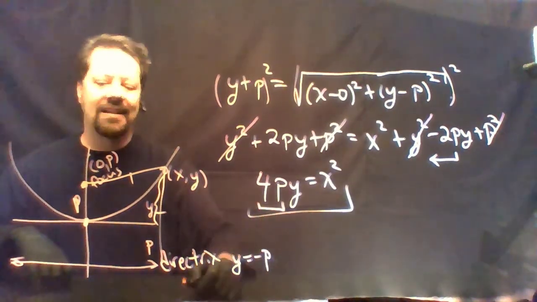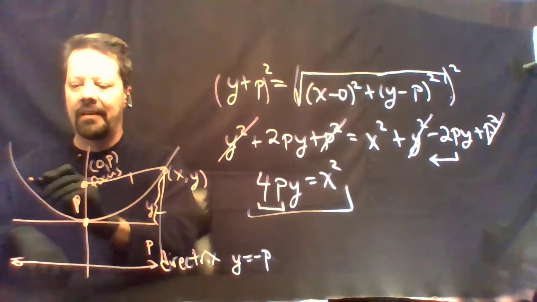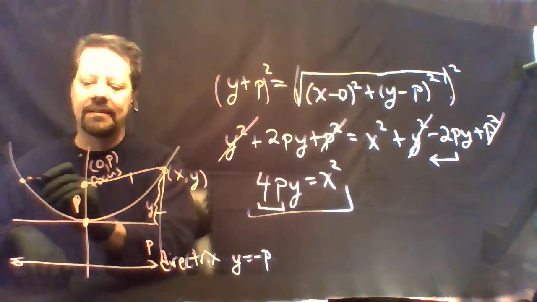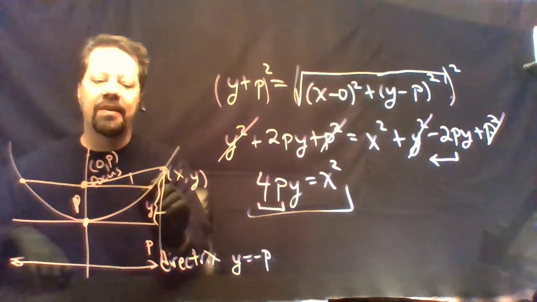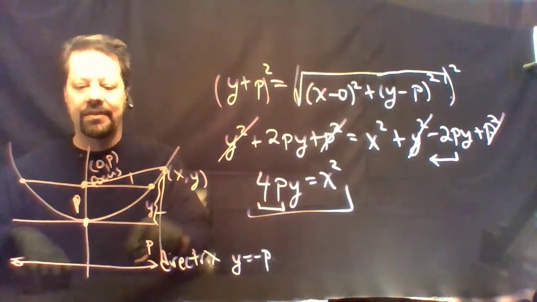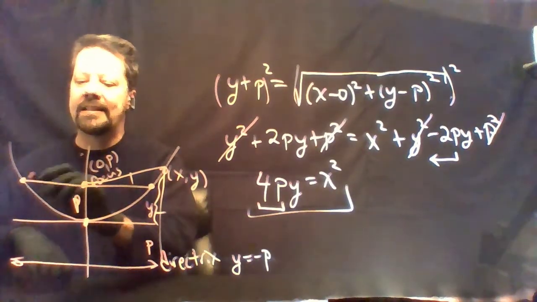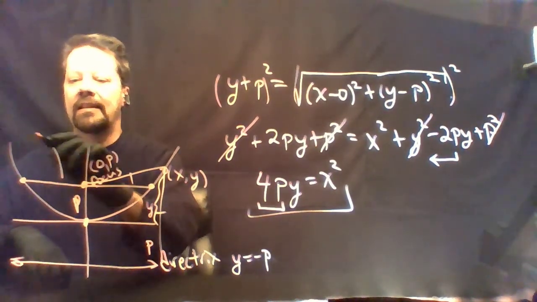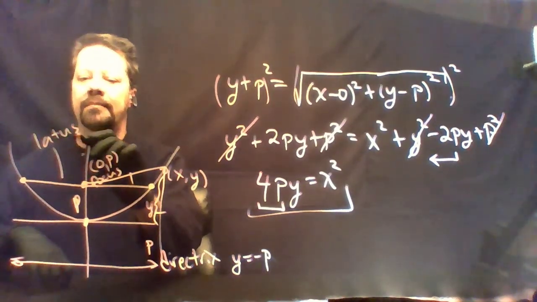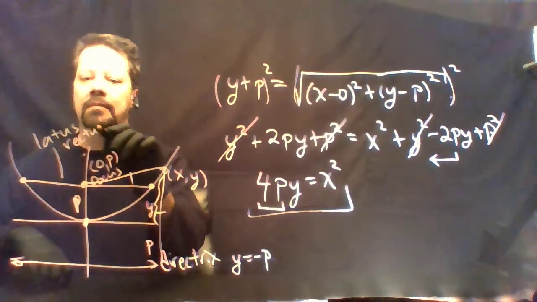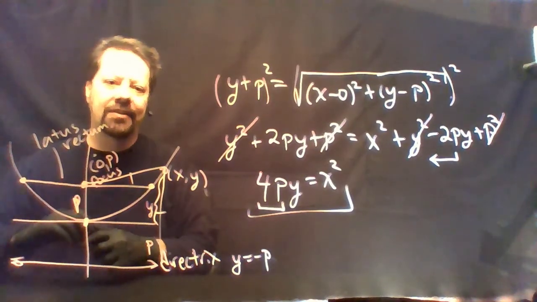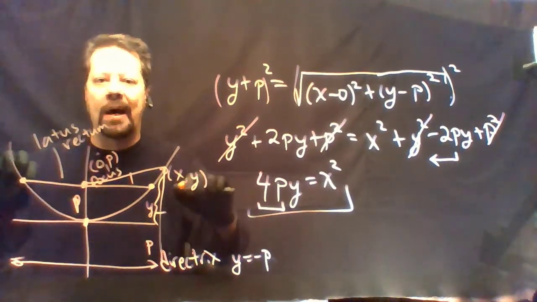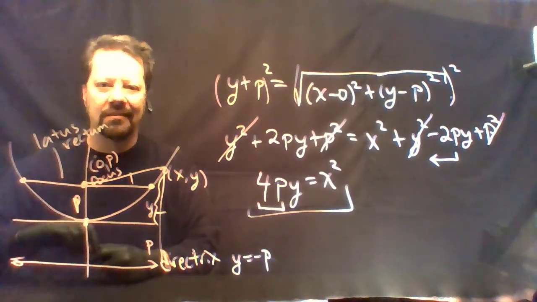This 4p has another significance. If we draw a line segment through the focus parallel to the directrix, that line segment is called the latus rectum. It allows us to more accurately draw how wide our parabolas are.